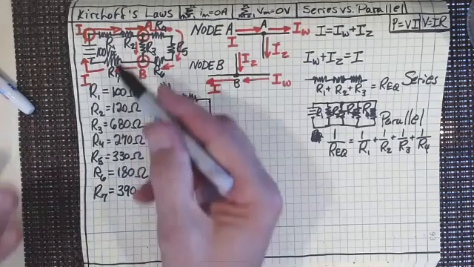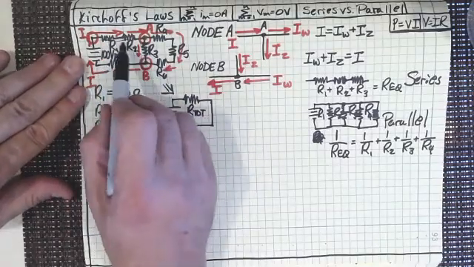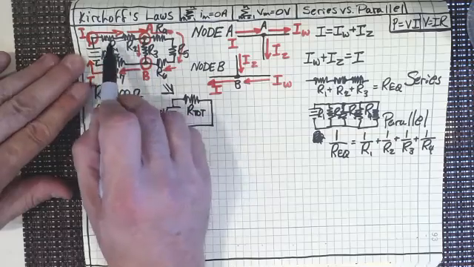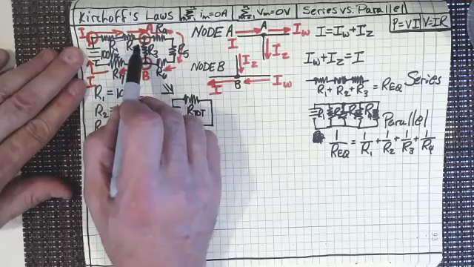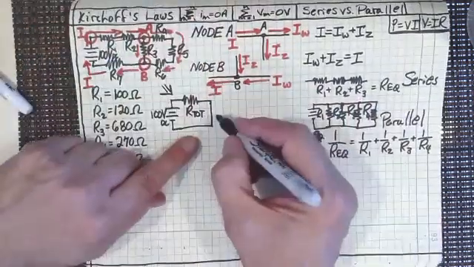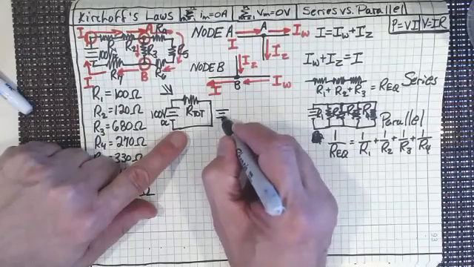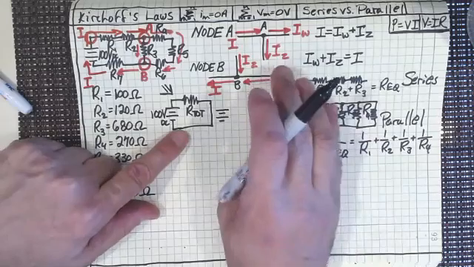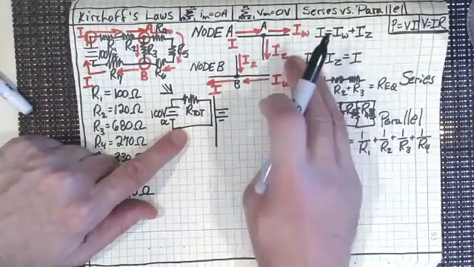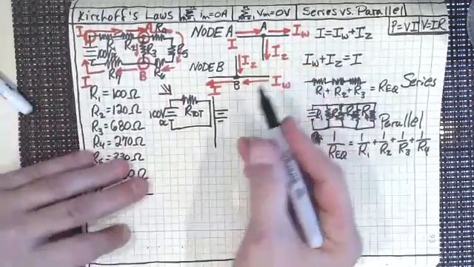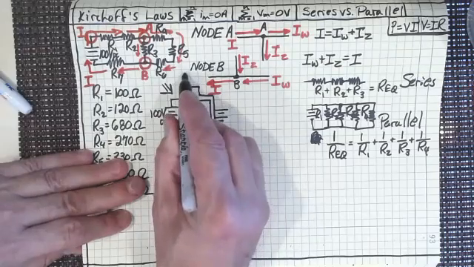Well, the first thing is we want to start to get rid of these series resistors. So we know that two or three or four resistors in series, we just add those together. So let's draw that first. I'm going to draw that right here because I'm not going to need all that much room. We're not far from finishing this problem. Now let's just put a line down through there so that we can see that that is separated from the rest of the thing.